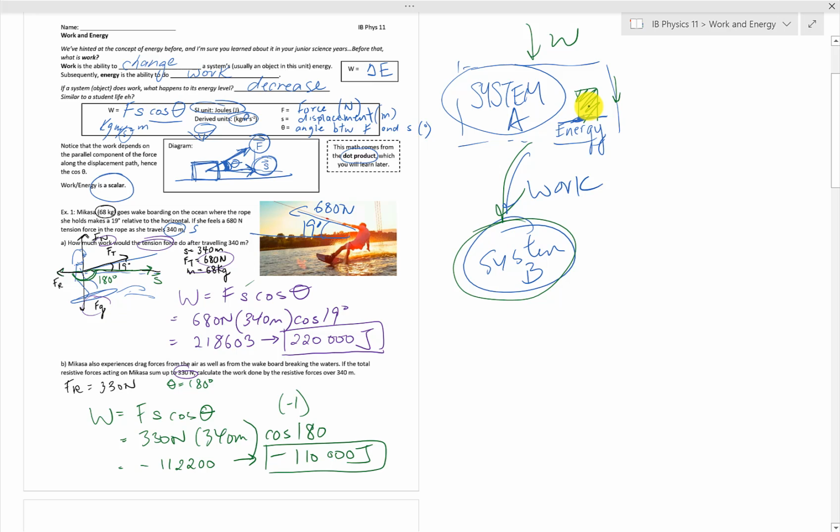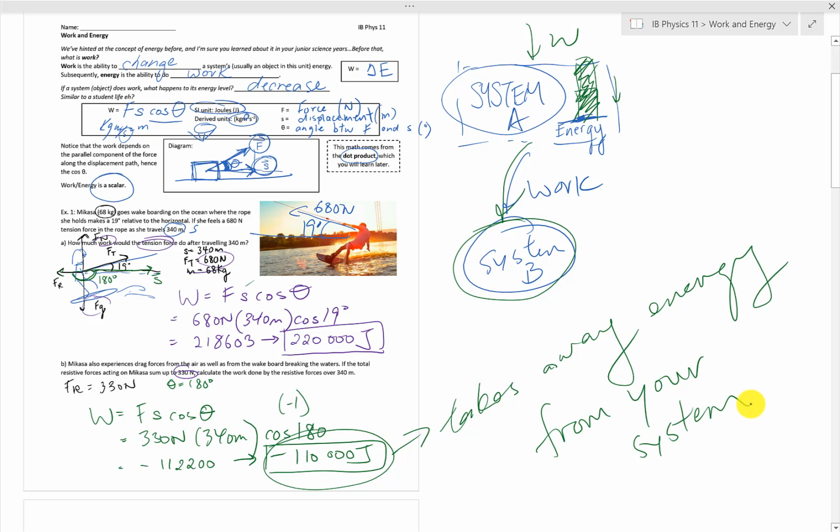Specifically, the energy we're talking about here is kinetic energy, which we'll talk about in a later video, which is the energy related to motion. If it weren't for these resistive forces, Mikasa's energy level would be a lot higher given the same amount of tension forces. So that's what a negative work means. It takes away energy from your system.